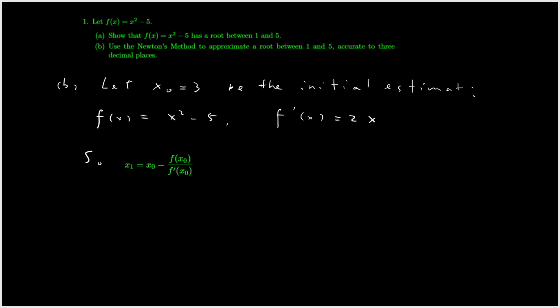Again, you use the x0 value of 3 to compute this. So x1 is computed using x0, which is 3, and then minus the value of the function at x0 on the numerator, which is 3 squared minus 5. And on the denominator, you have the derivative of the function at x0, which is the value of the derivative at 3.